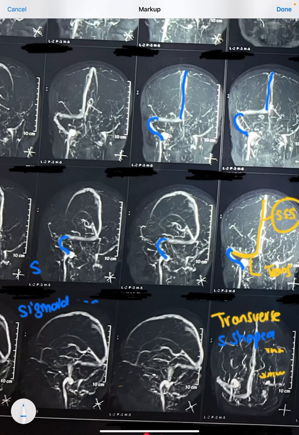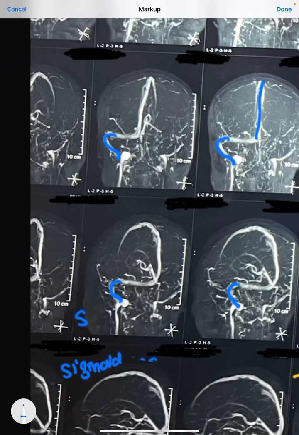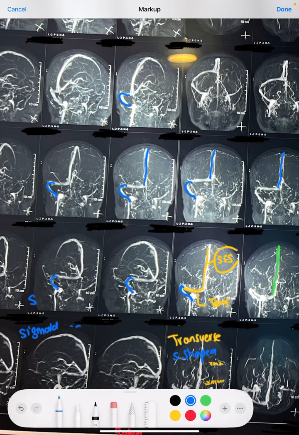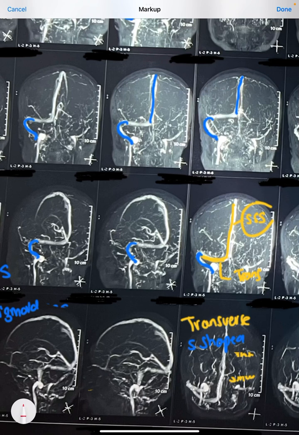So this is S-shaped, so this is sigmoid sinus. We can trace it here as well. So this is all sigmoid sinus, and this sigmoid sinus then continues as internal jugular vein. So this is called internal jugular vein because the sigmoid sinus then continued as internal jugular vein.